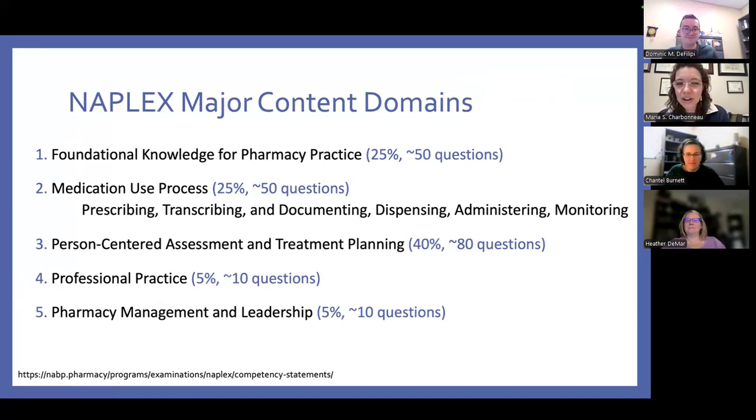Okay, so these are our major content domains. So in terms of our micro case, what can we link? We've got the second domain for monitoring as well as foundational knowledge. Okay, absolutely.